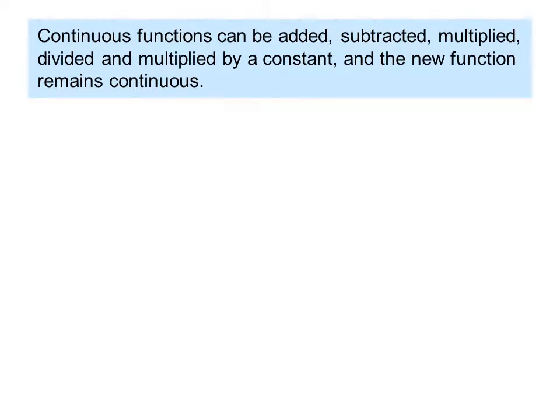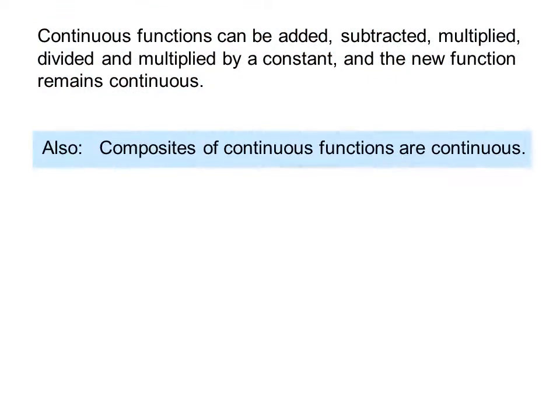Continuous functions can be added, subtracted, multiplied, divided, and multiplied by a constant, and the new function remains continuous. Also, composites of continuous functions are continuous. Here are examples of composite functions.